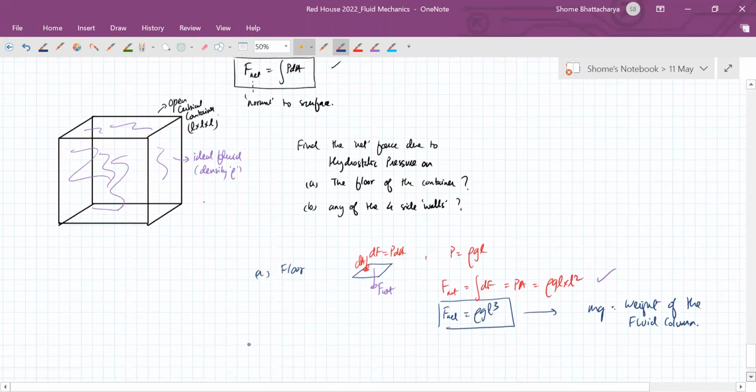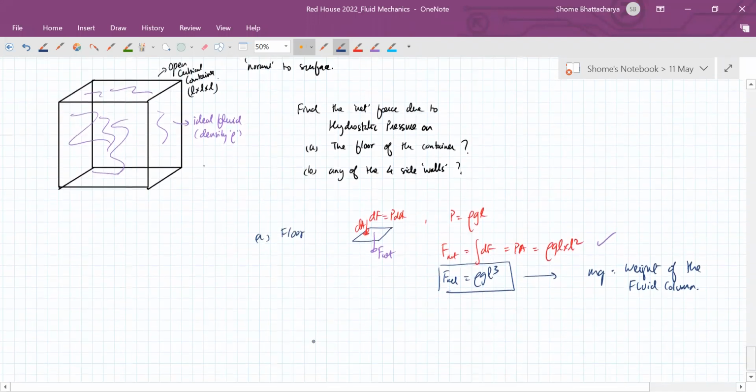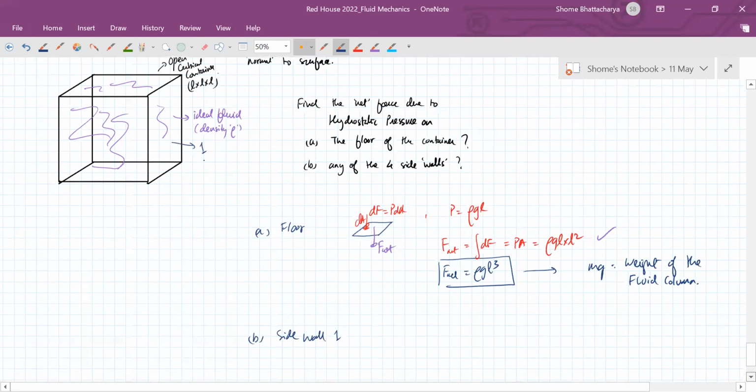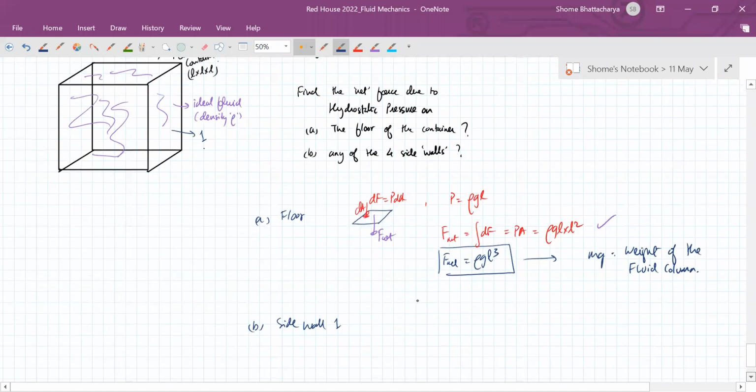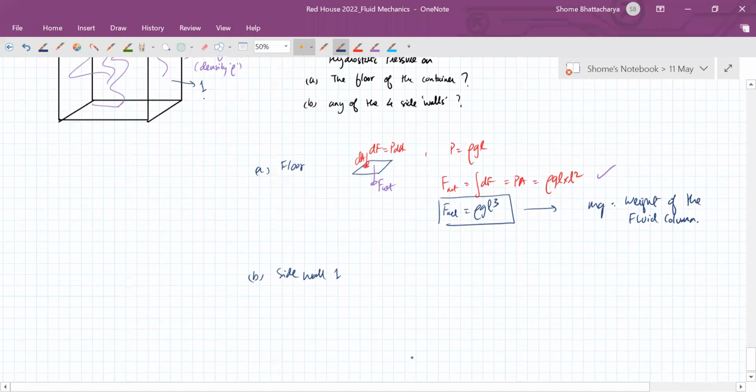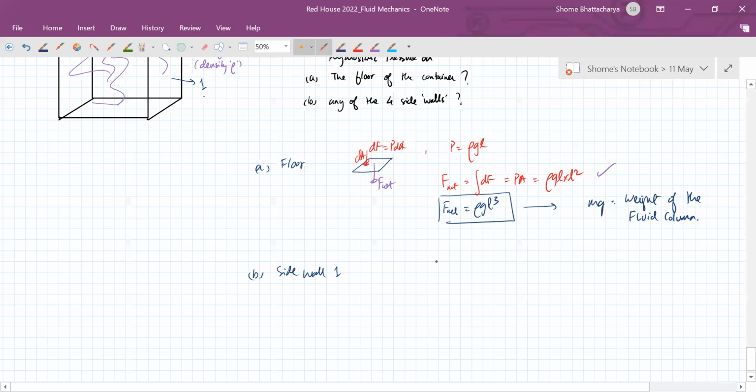But when we come to the side wall, so let's consider any one side wall. So let's say this side wall, this one, considering side wall 1. So as the pressure is varying with depth, the convenient thing to do would be to take a horizontal thin strip as my differential area.